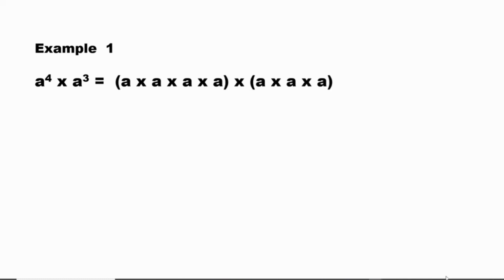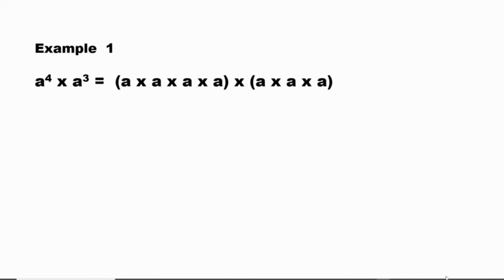Example 1. The expression a^4 multiplied by a^3 represents the multiplication of two numbers with the same base, which is a, and different exponents, one is 4 and another 3.